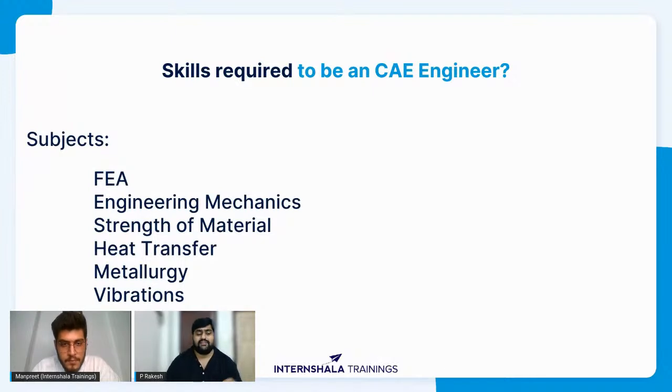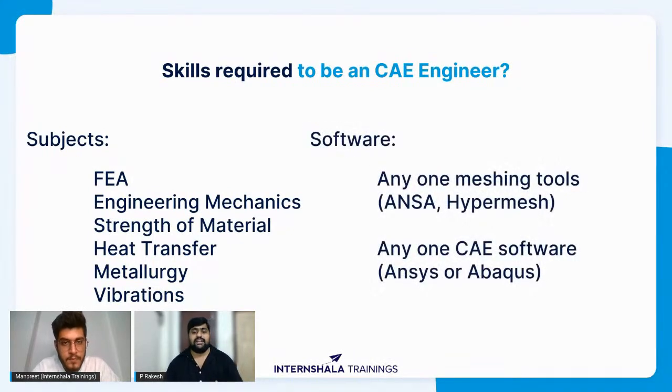Once you have this subject knowledge, remember guys, basic subject knowledge, not too advanced, but up to an intermediate level is itself enough. Then you need to learn a CAE software tool. Generally for meshing, most companies use either ANSA or HyperMesh.